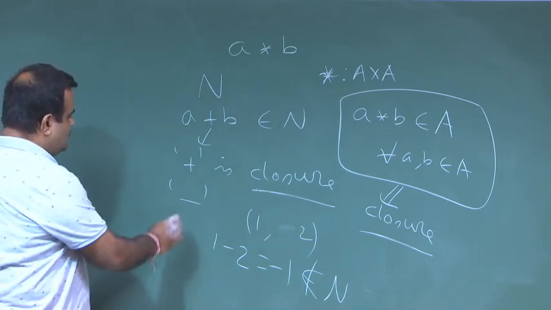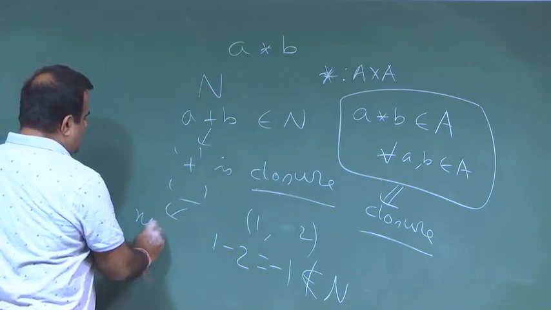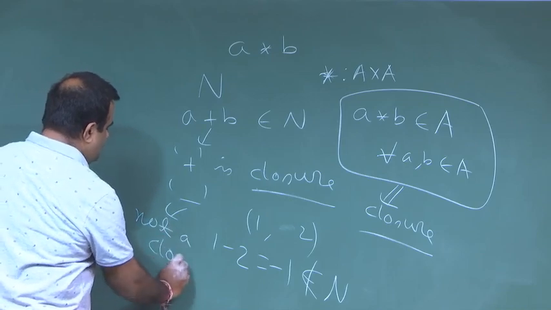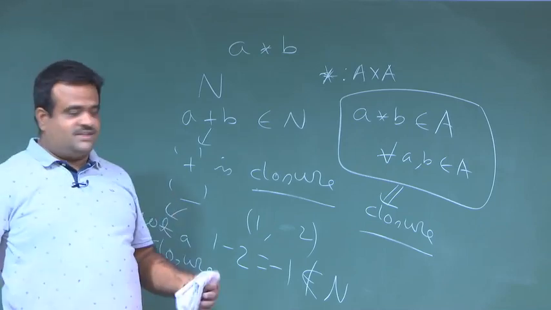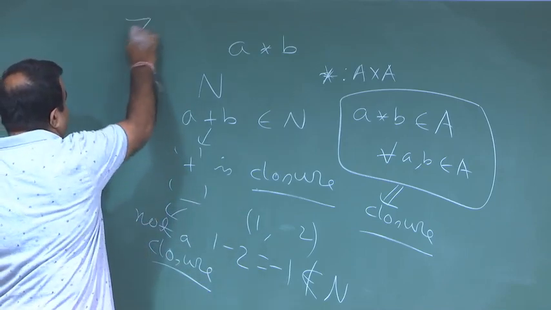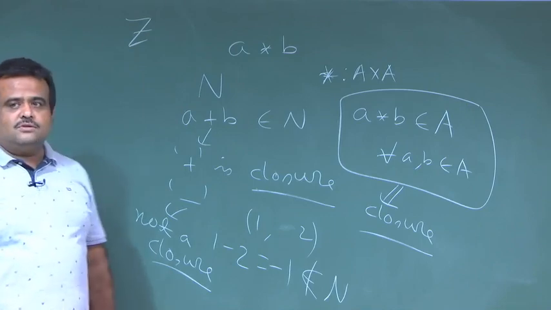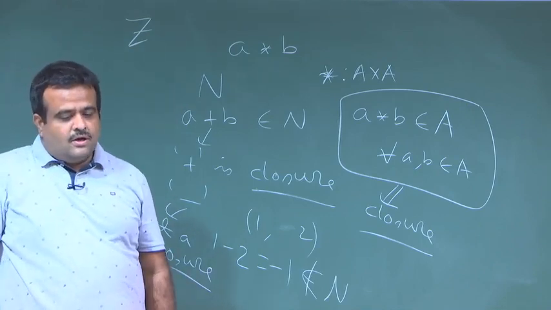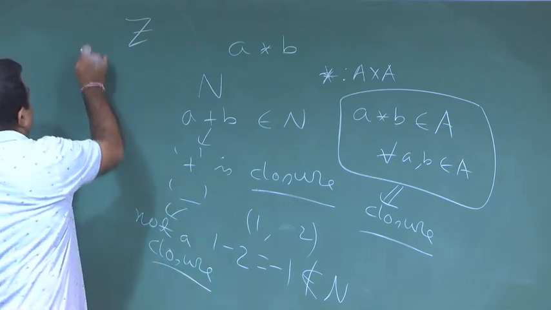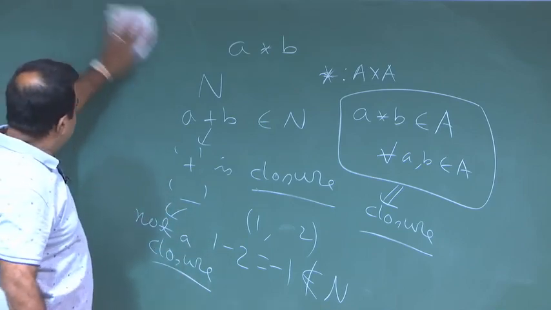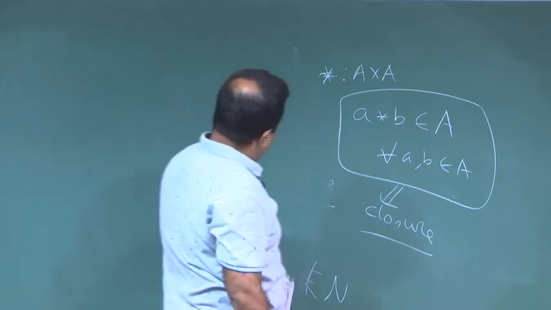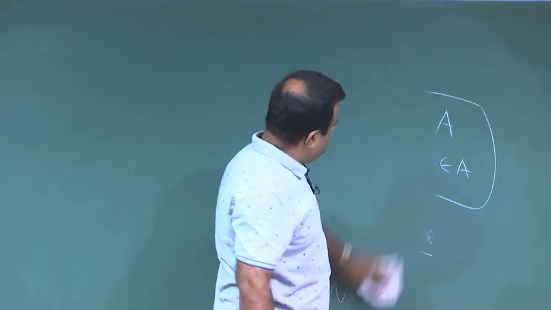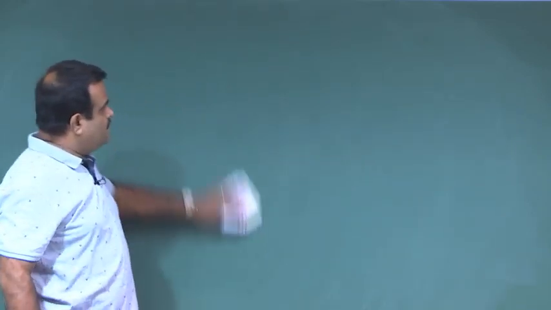So subtraction is not a closure operator on N, but it is closure on Z. If you take Z as our set, then minus is also closure on Z. This is the definition of a closure operator. An operator need not always be closure on a set.